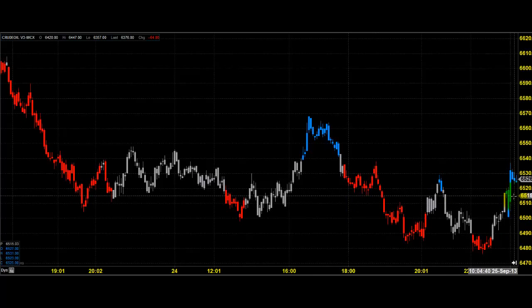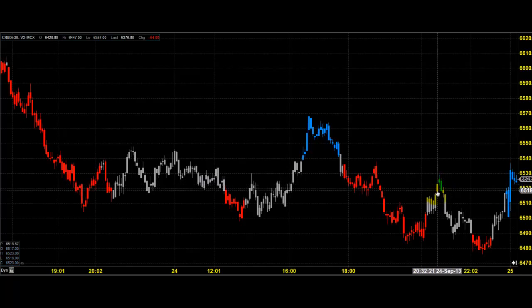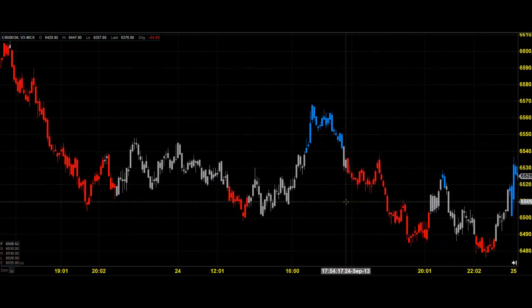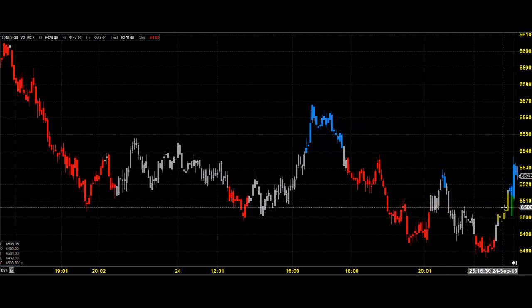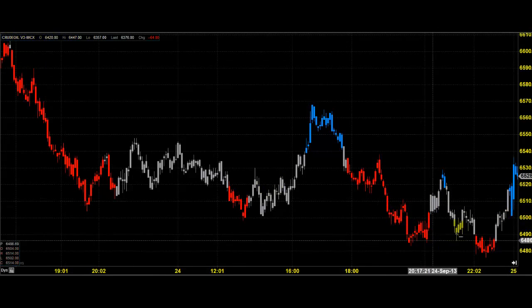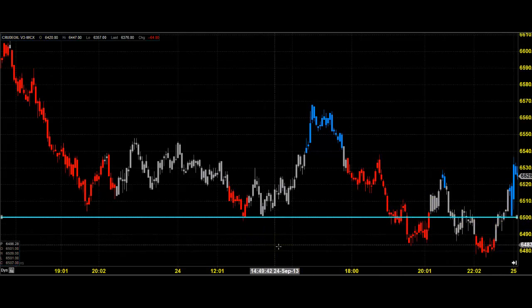So on 25th of September, you can see it had provided you a blue color. The reason behind this was, in this particular area, the market tried to provide you a blue color, which means that it had identified a breakout, which I had explained. In order to give some clarity, I am going to draw this line.